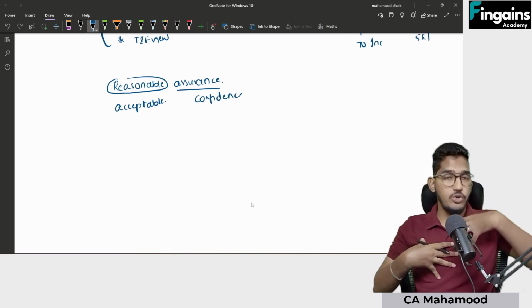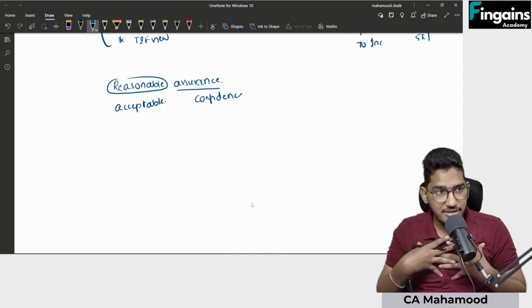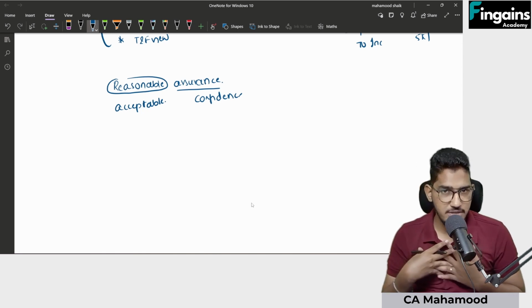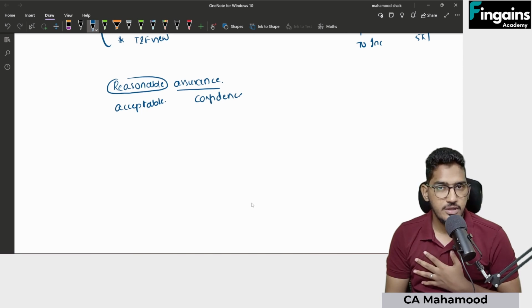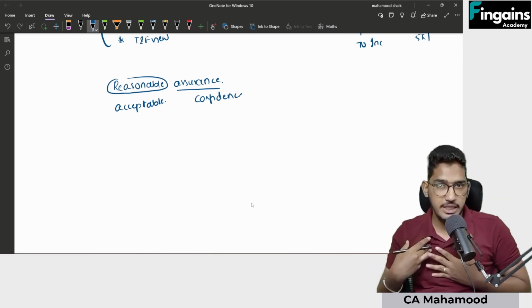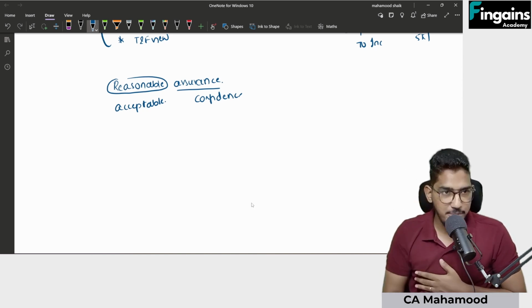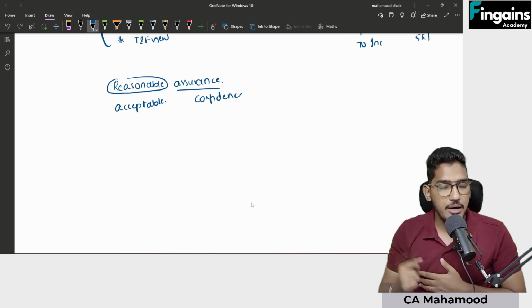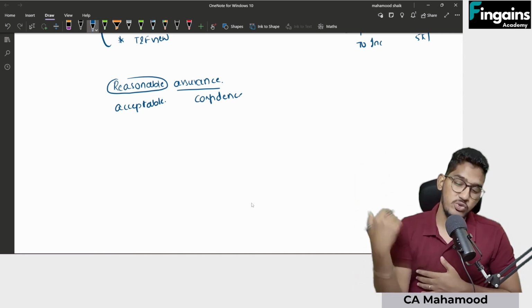First, you should be confident enough, should have a high level of confidence, that financial statements are free from material misstatements and they're prepared as per the applicable financial reporting framework. If I am the auditor of some company, and I am myself not confident whether financial statements are free from material misstatements and whether they are prepared as per the applicable financial reporting framework, how can I expect others to believe my opinion?